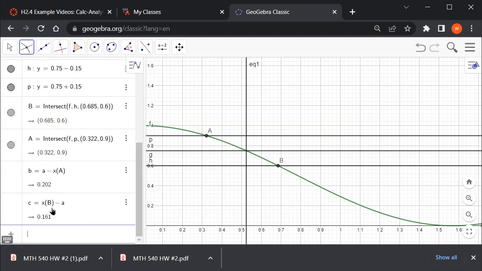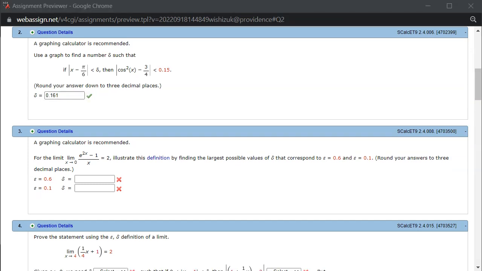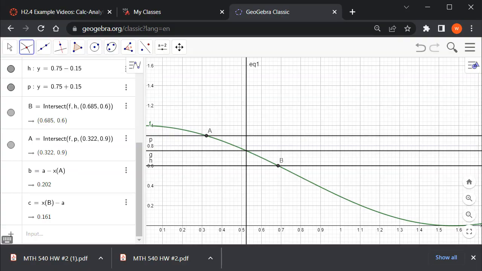You can see that the gap on the right-hand side is smaller, so you have to pick the smaller value for delta. It's 0.161, so I'm going to put that in. 0.161 is the corresponding delta value. Let's check the answer. I came back and looks like we got this one correctly. That's it. I hope that this was clear.